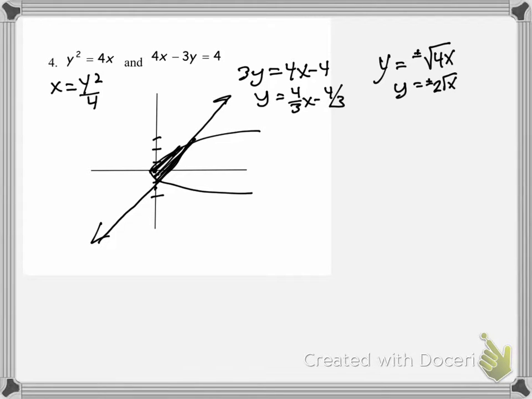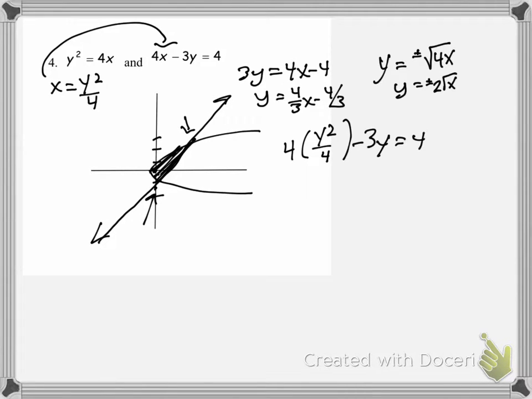So you can already tell it's going to have to be a right-left one. So I've got to get these points, and I'm going to try not to use my calculator. Let's stick this x into that. So it's 4 times y squared over 4 minus 3y equals 4.